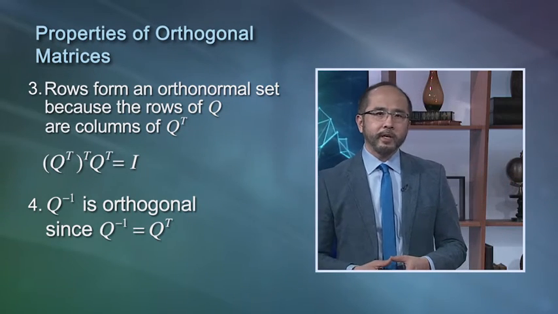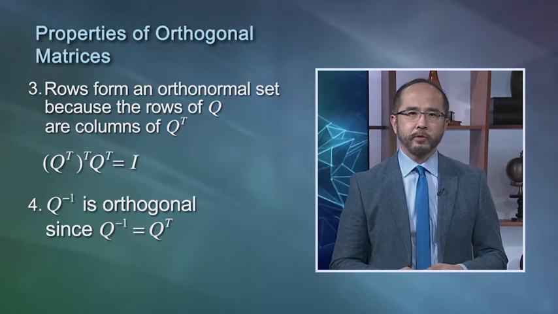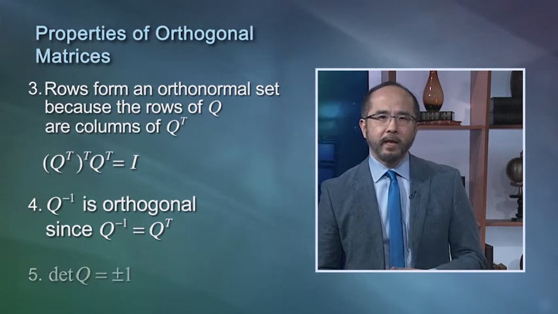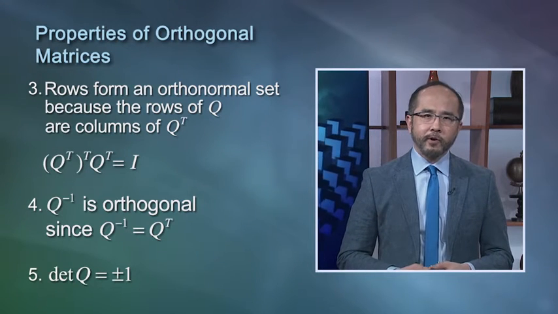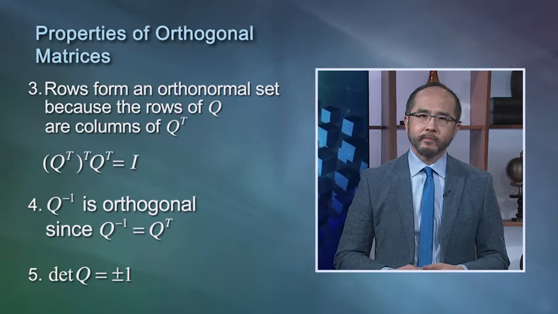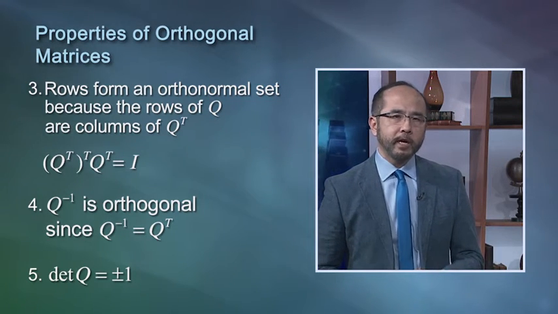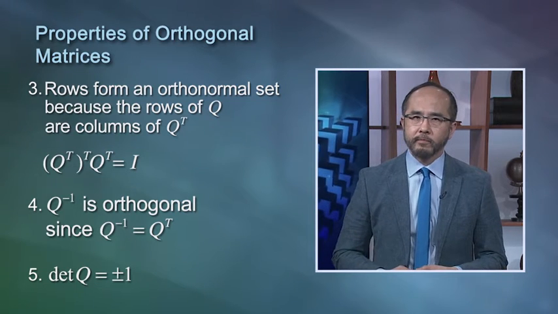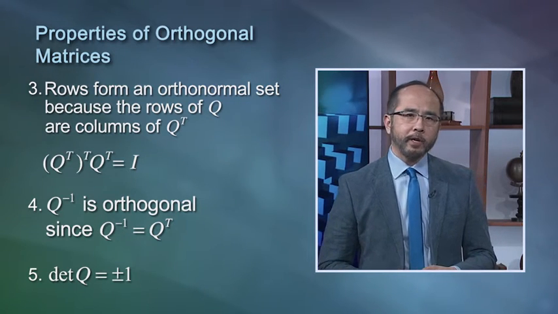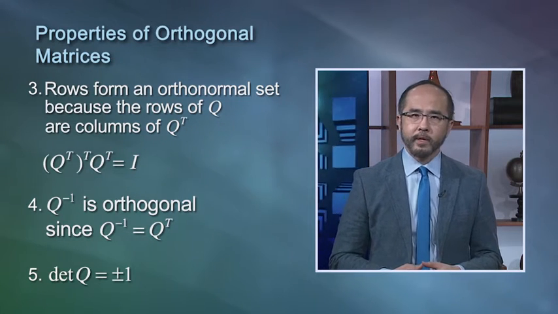A fifth property, which won't be a surprise if you think about what orthogonal matrices do to volumes, is that the determinant of an orthogonal matrix Q is plus or minus 1. This follows from noting that Q transpose times Q is the identity. So the determinant of Q transpose times the determinant of Q must be 1.